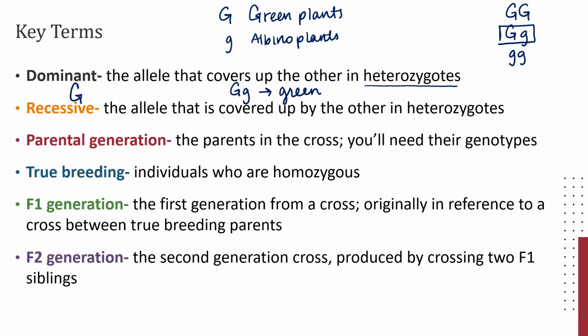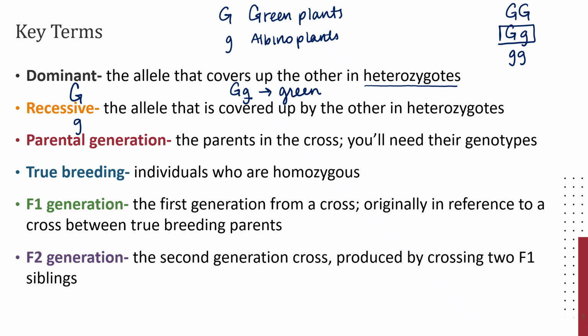The recessive allele is the one that is covered up by the other allele in the heterozygote. So this means that in the heterozygote, that little g is not seen. We are going to always denote our recessive as a little g, or a little allele.